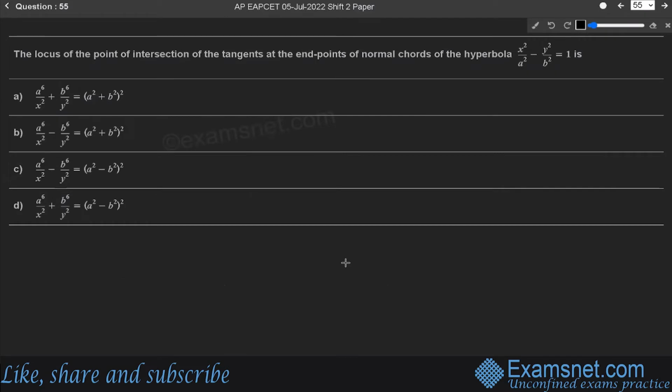Point of intersection of the tangents at the end points of normal chords of the hyperbola x square upon a square minus y square upon b square is equal to 1 is.